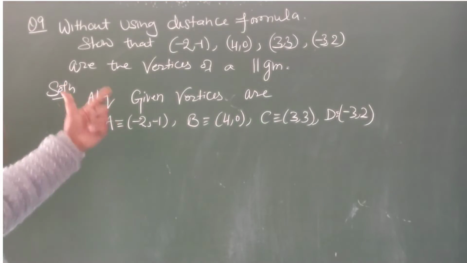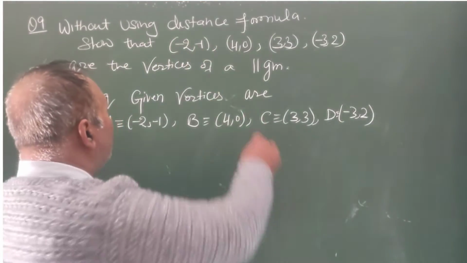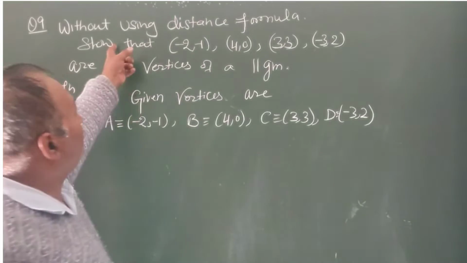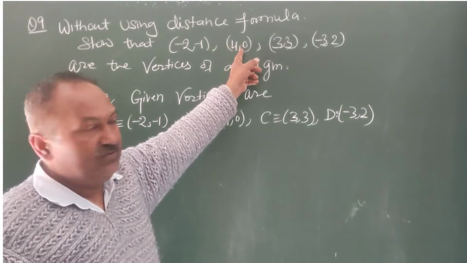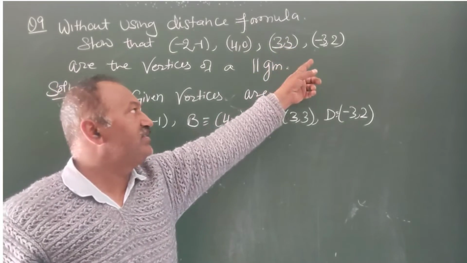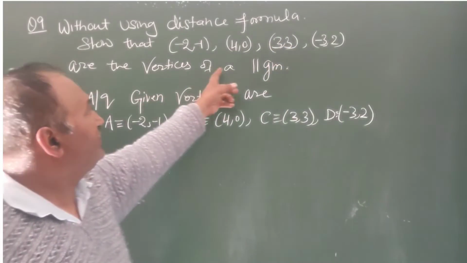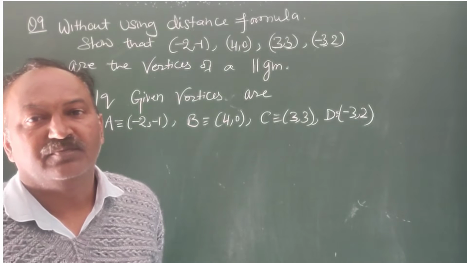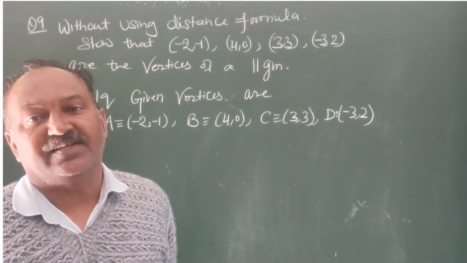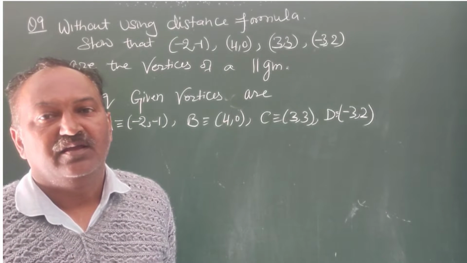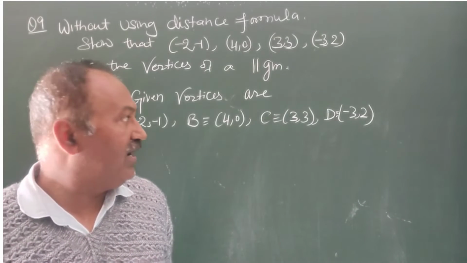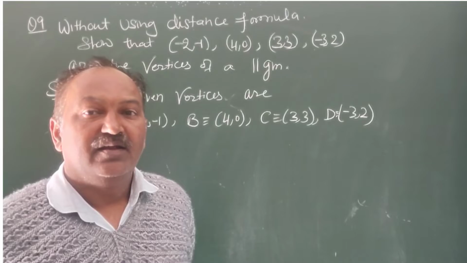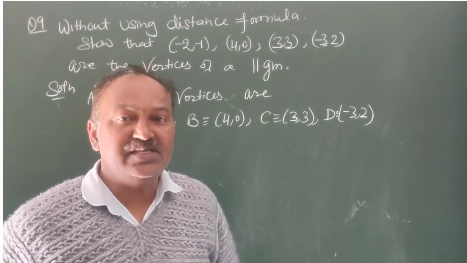Now question number 9. Without using the distance formula, show that (-2, -1), (4, 0), (3, 3) and (-3, 2) are the vertices of a parallelogram. But in case we have to use the distance formula, then we have to apply the distance formula 6 times.